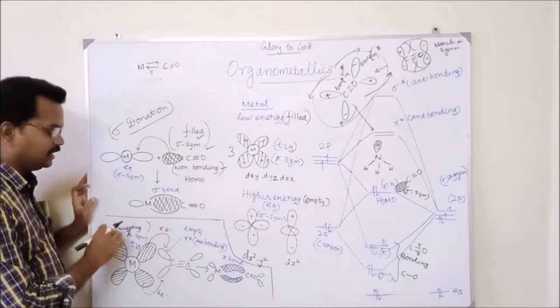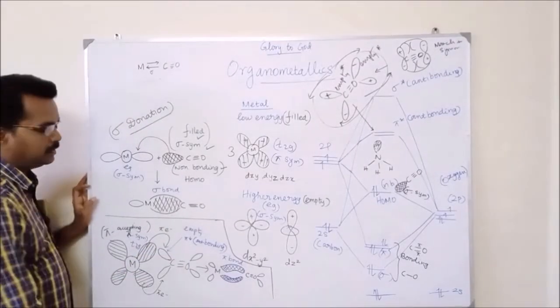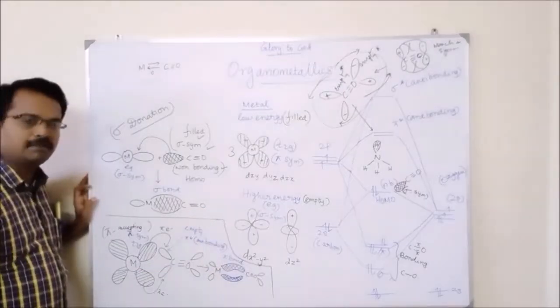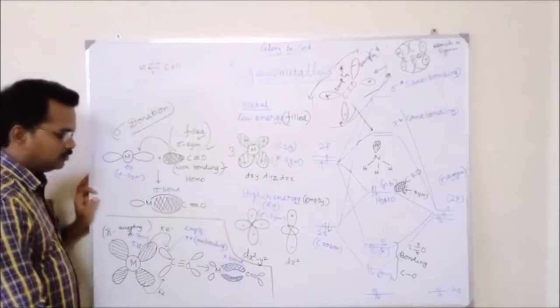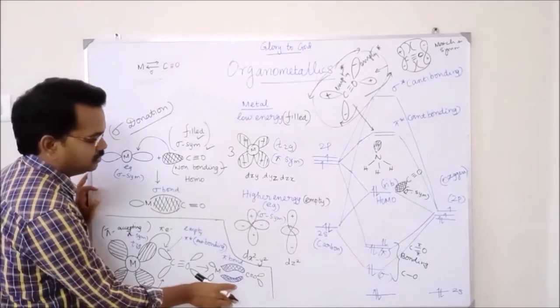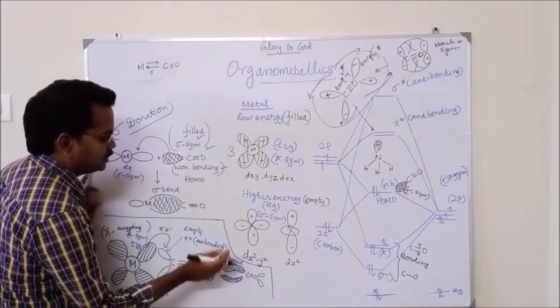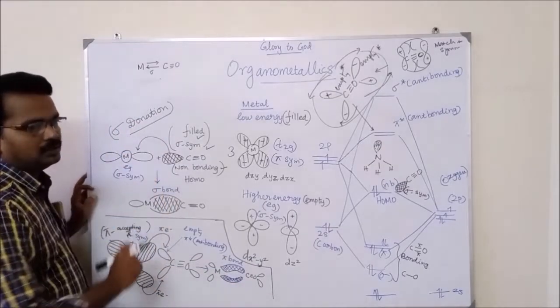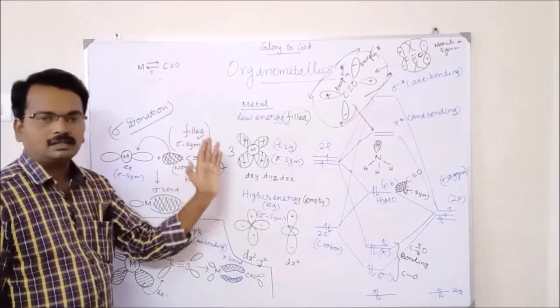Therefore it is called pi accepting, and the carbonyl group is called a pi accepting or pi acid ligand. As a result we get the formation of the pi bond. Therefore both a sigma bond and a pi bond are formed between the metal and the carbonyl.